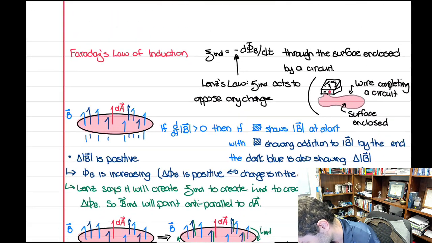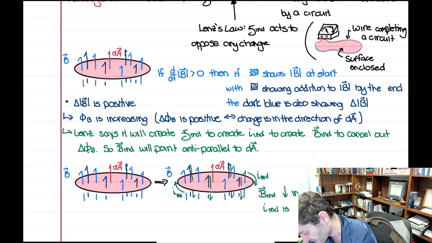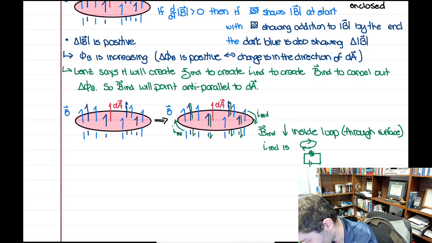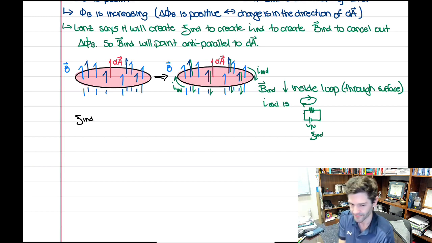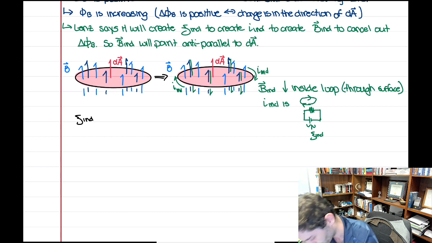In this case, if I want to ask myself what is the magnitude of the induced EMF, the magnitude of an EMF is really only positive. So to set it equal to negative the derivative, I think some find that confusing. I might say that the magnitude of the EMF is the absolute value of this time derivative of the magnetic flux.